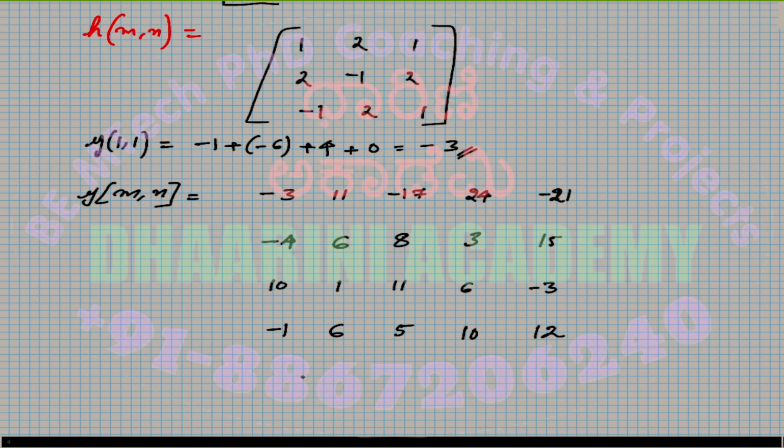This is 10. Okay, let's move to the fifth row, 5 comma 1 position.